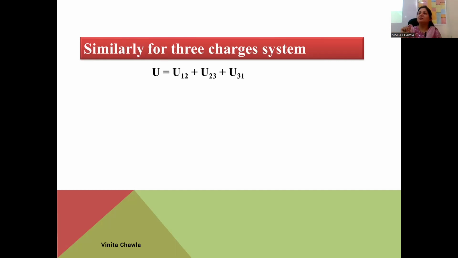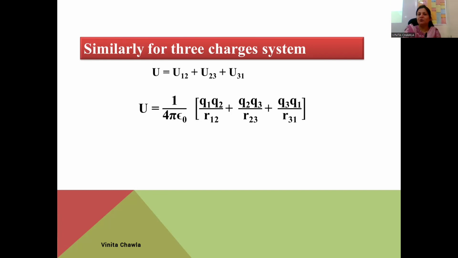Similarly, if we have three charges, Q1, Q2, and Q3, we can write the expression for 1 2, 2 3, and 1 3, and we'll add them. Then we'll get the net electrostatic potential energy.